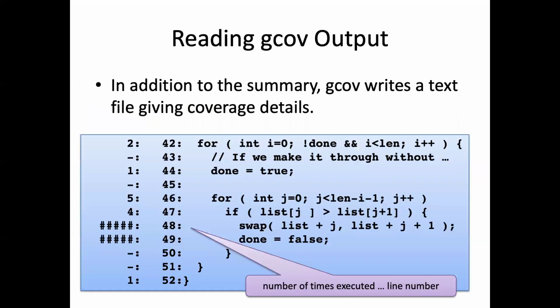If you look in that file, it'll show you all of your source. It'll tell you what line of code each line of your source is. And over on the left, it'll show how many times each of those lines got executed.